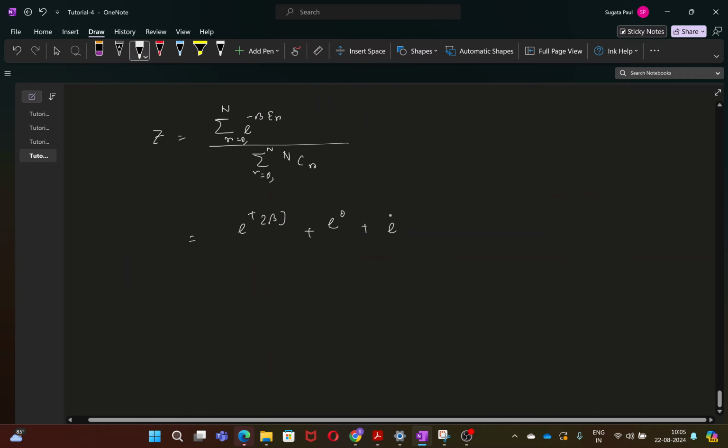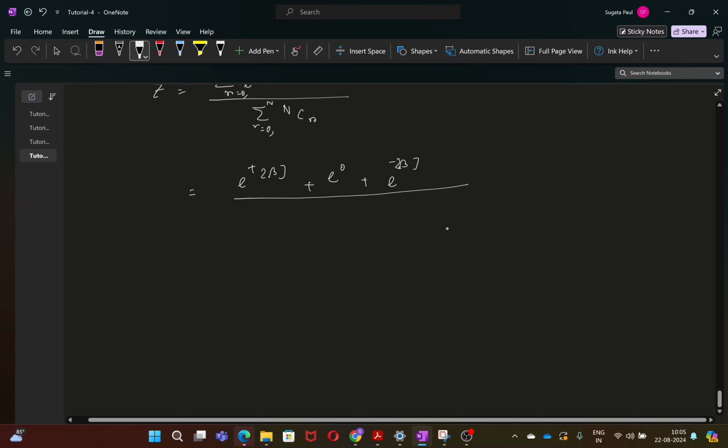That means e to the power of minus beta times plus 2j, making it minus 2 beta j, right? And the denominator: in this case your n is fixed to be 2, and the R value can be 0, 1 and 2. So we have three terms, 2C0 plus 2C1 plus 2C2.